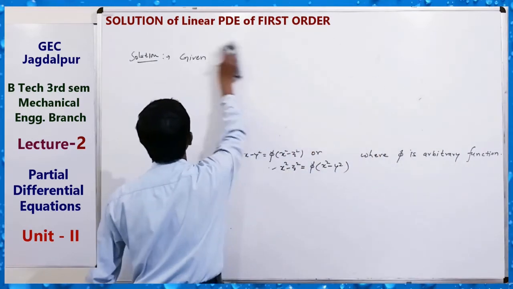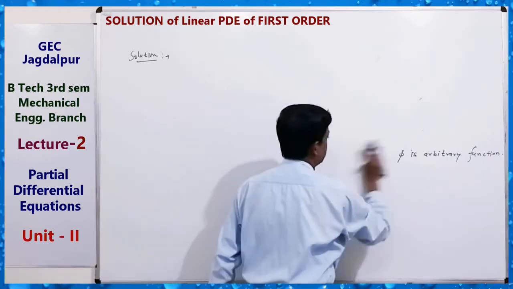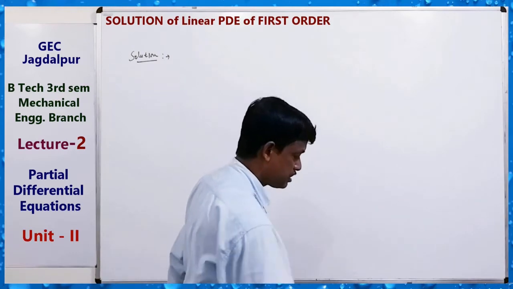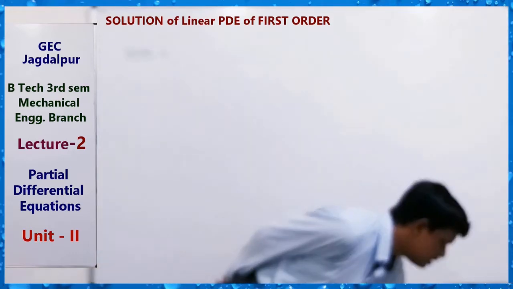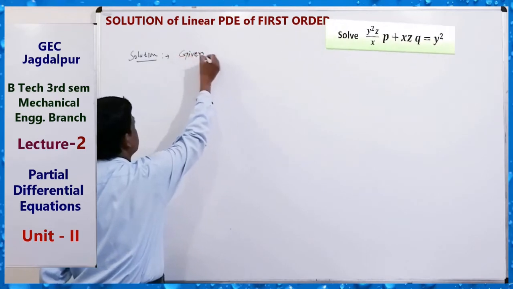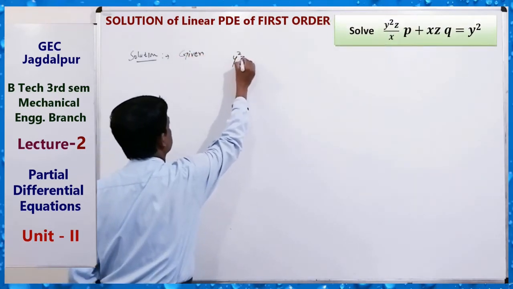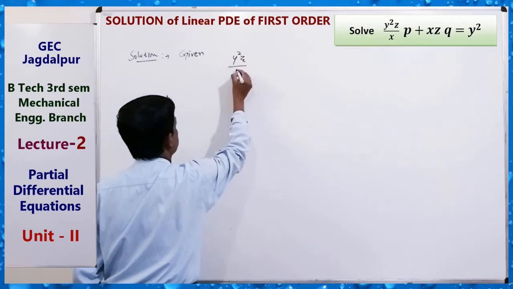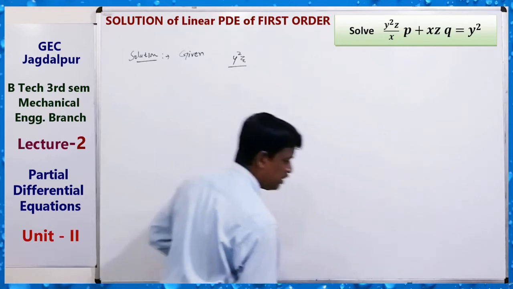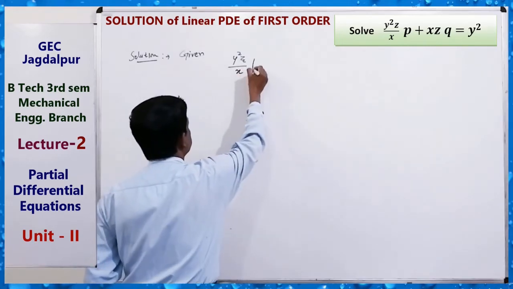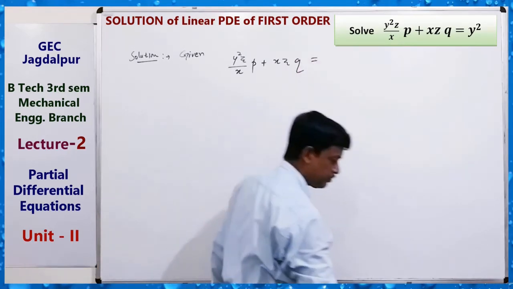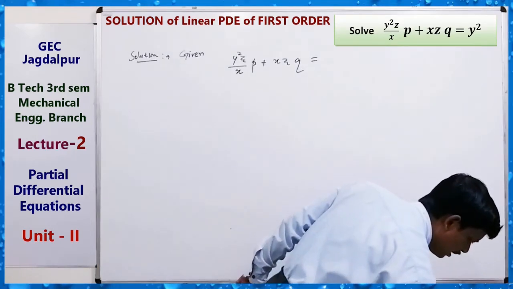Now taking another question, we can understand this method very easily. The question is y square z by x p plus x z q equals y square.